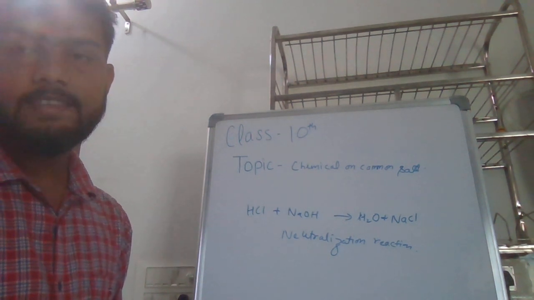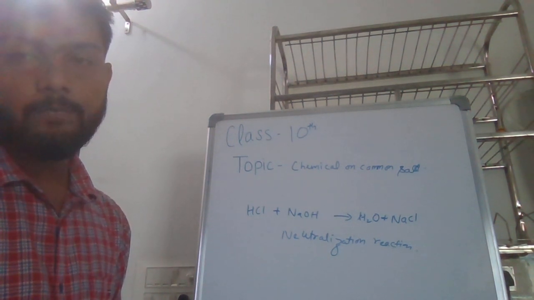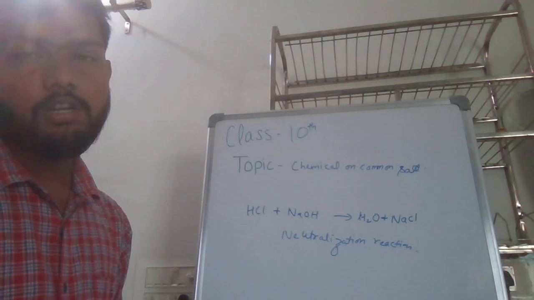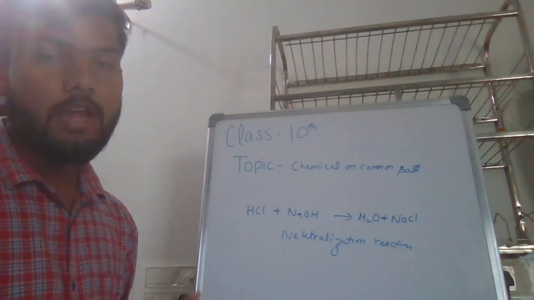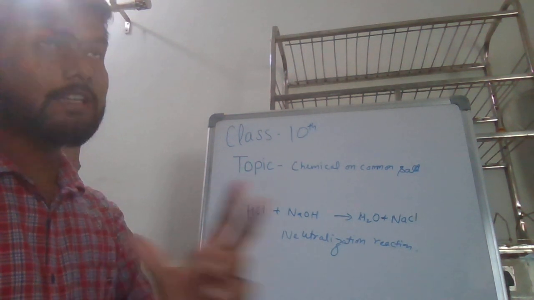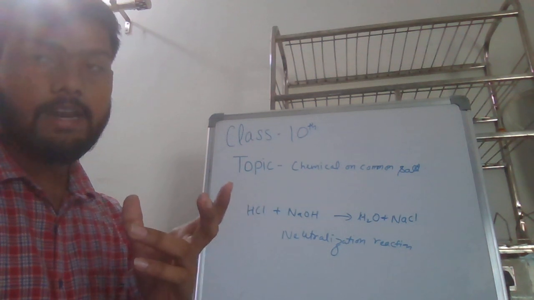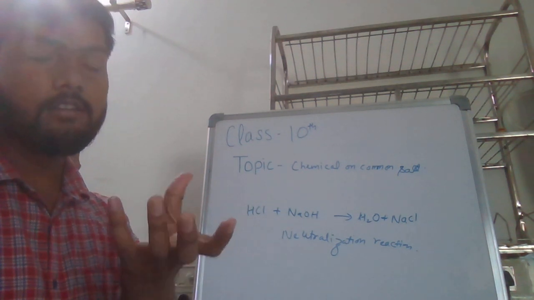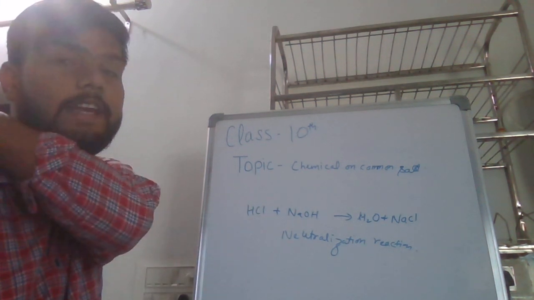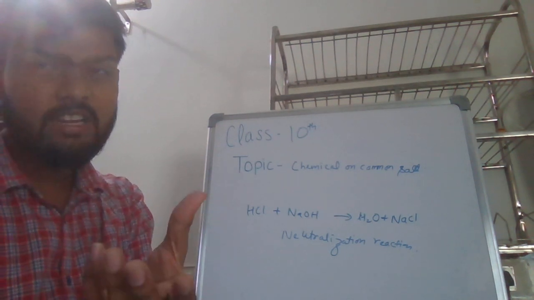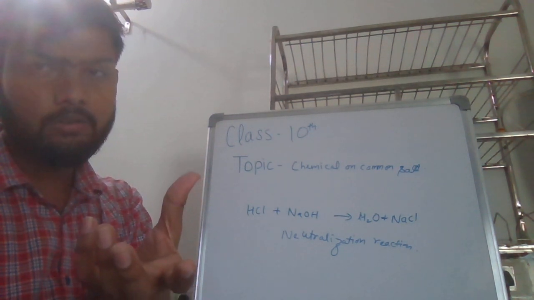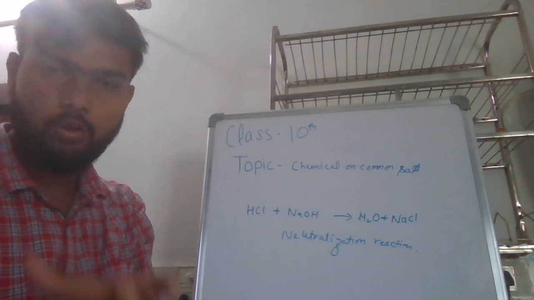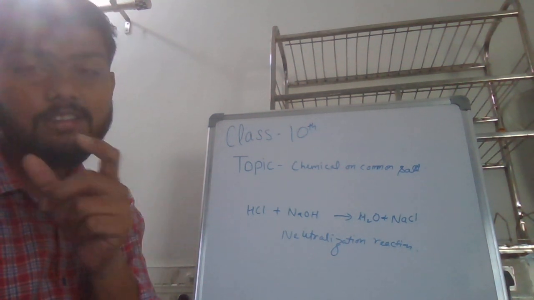This is called rock salt. Rock salt is mined like coal, but its color is white.